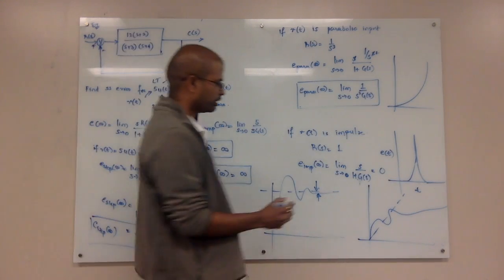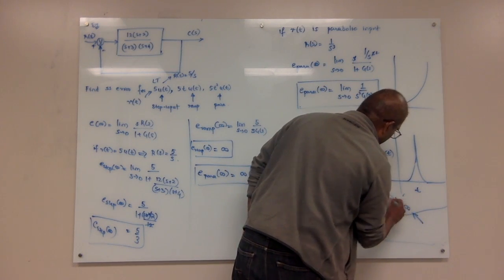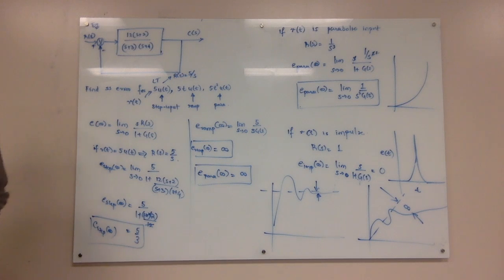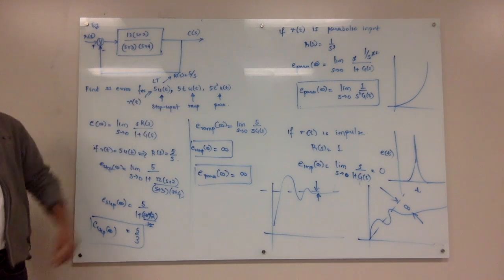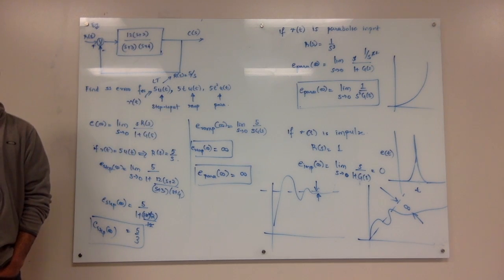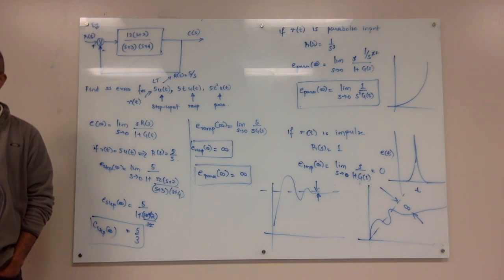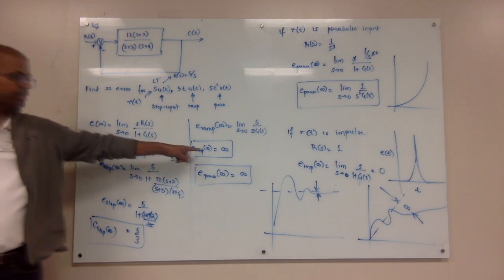Your input is the dotted line. It's not constant, it is a ramp function. Ultimately the output will try to follow the dotted line. Depending on what system it is, here it is infinity.